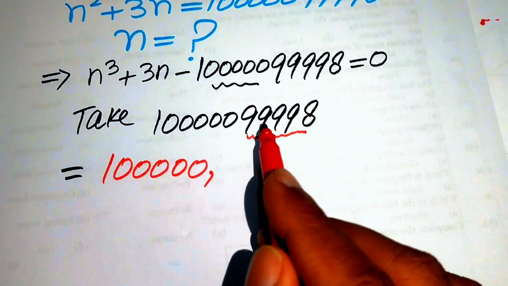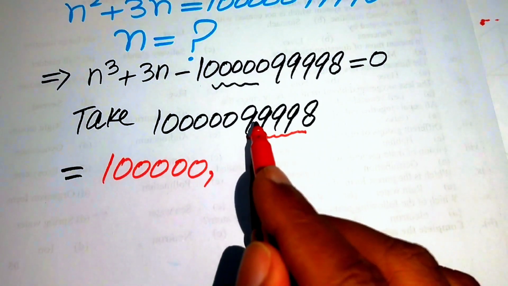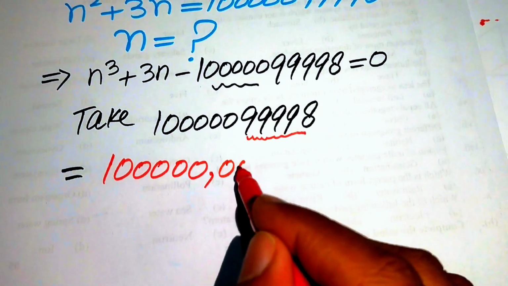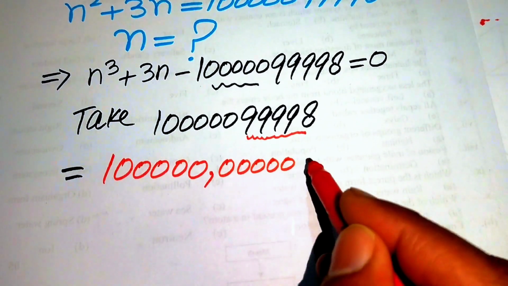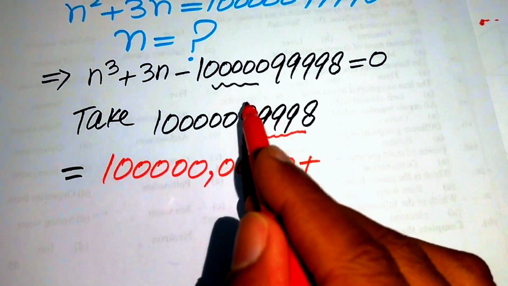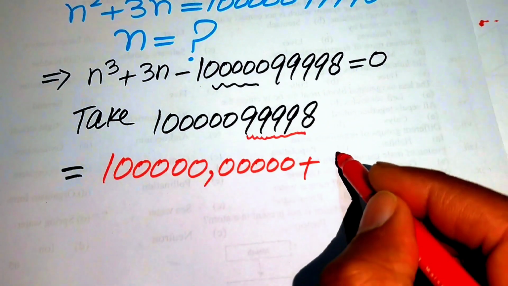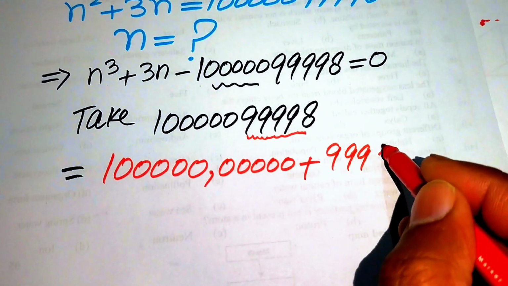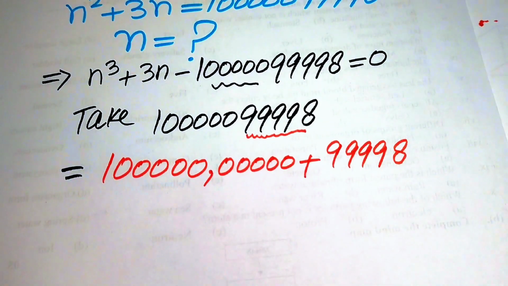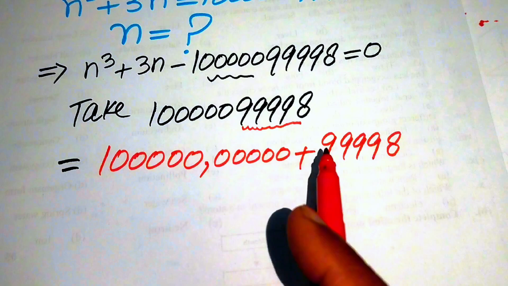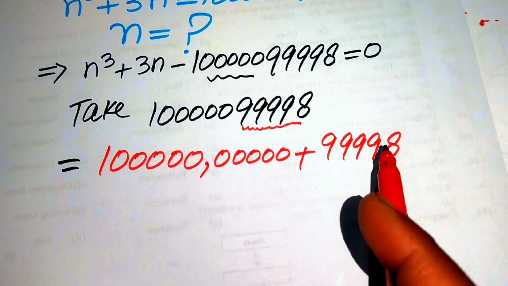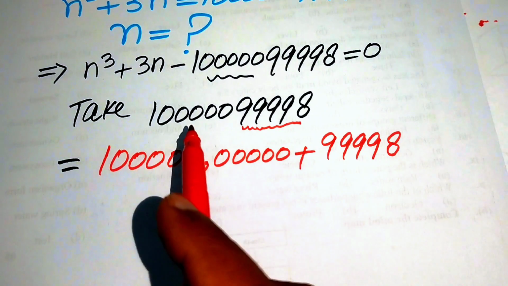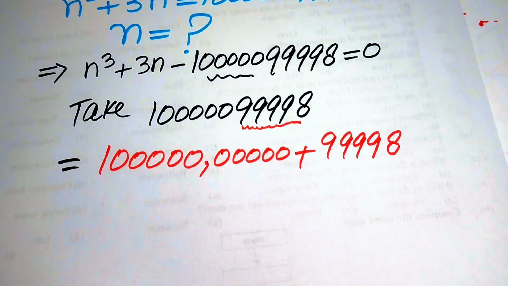So this is the 5 digit number, so we write here 50, and plus we separate this part from the whole number and write it as 999 into 8. When you add this 999 into 8 to this number, you get the whole number complete.